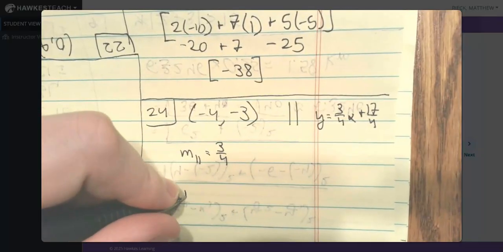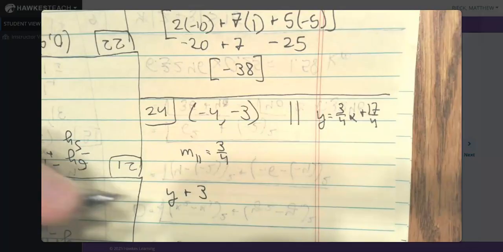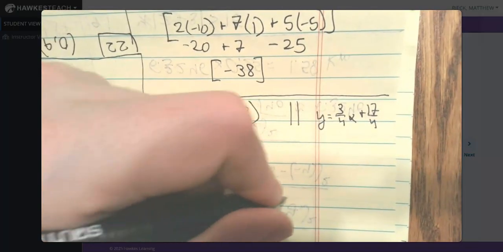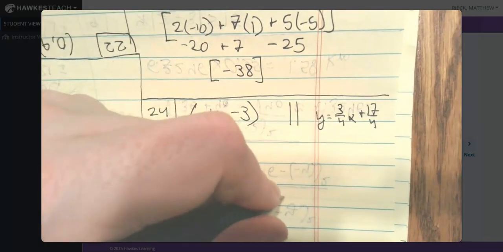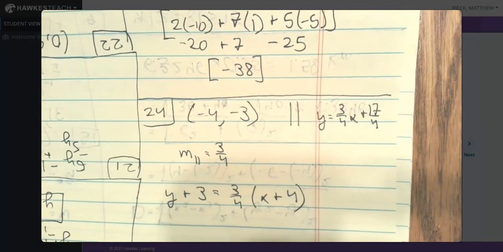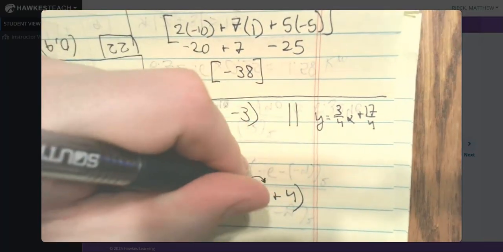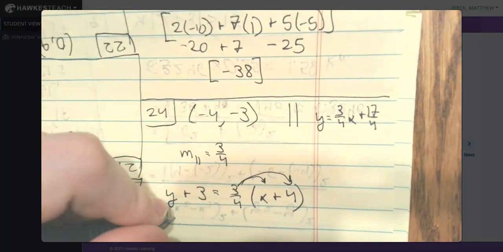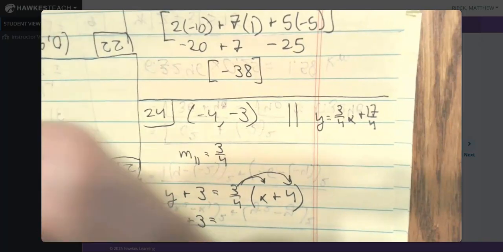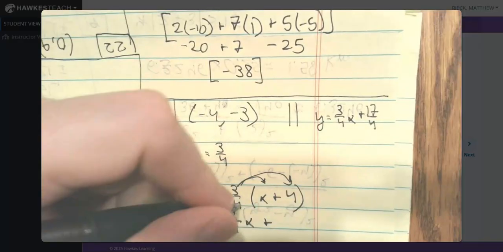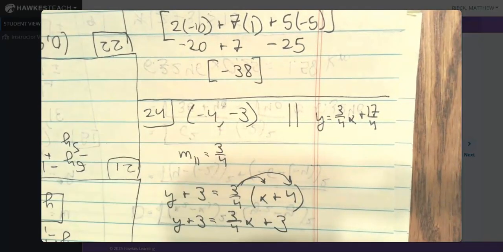All right, so again, I'm going to start off with point slope form. So we have y minus y1, so that's y plus 3, equals 3/4 times x minus x1, so that's going to end up being x plus 4. I'm going to distribute the 3/4 through here. So you have y plus 3 equals 3/4 x plus 3/4 times 4, which is also 3.